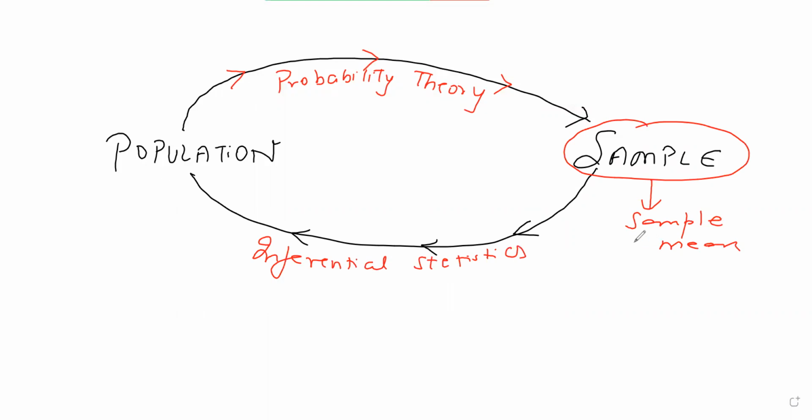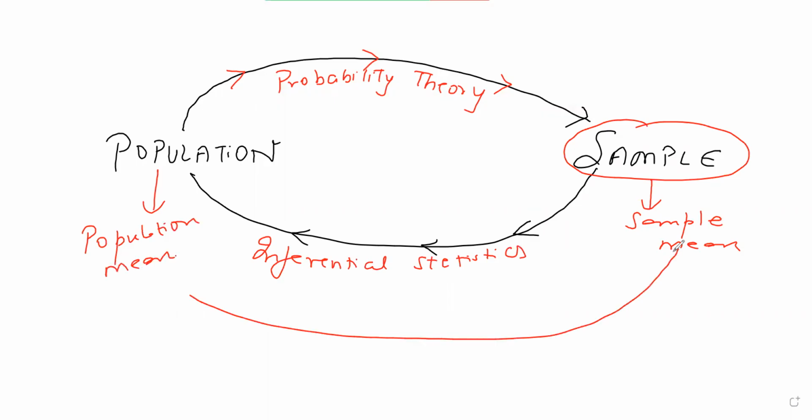And I will be using it to estimate the population. The sample mean will be used to estimate the population mean. This is inferential statistics. So probability theory is all to do with moving from population to sample. Inferential statistics is all to do with moving from sample to concluding about the population. Okay, so I hope all students have understood this.